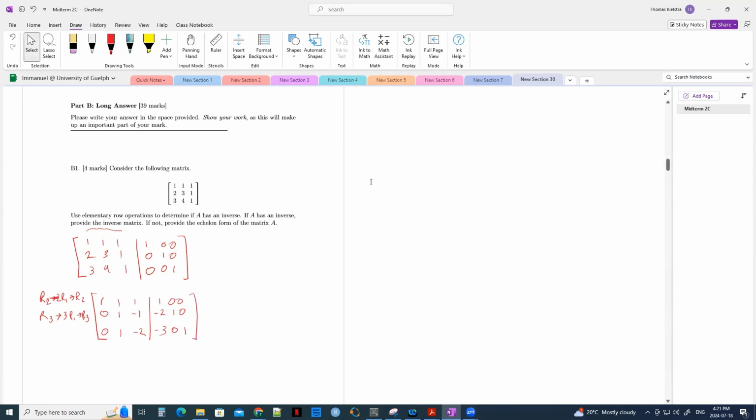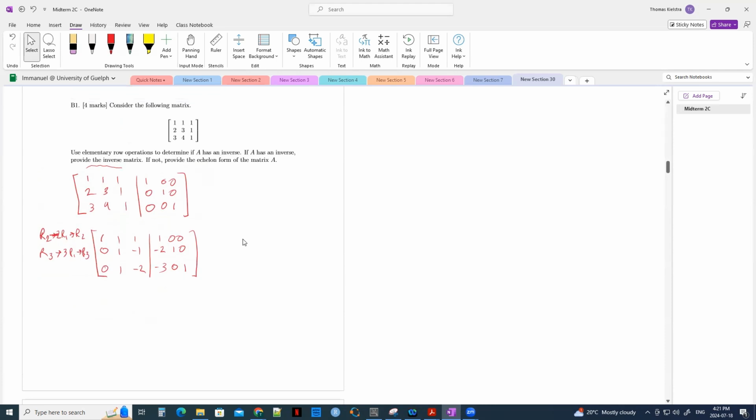And now I'm going to take row 1 subtract row 2 and replace row 1, and row 3 subtract row 2, replacing row 3.